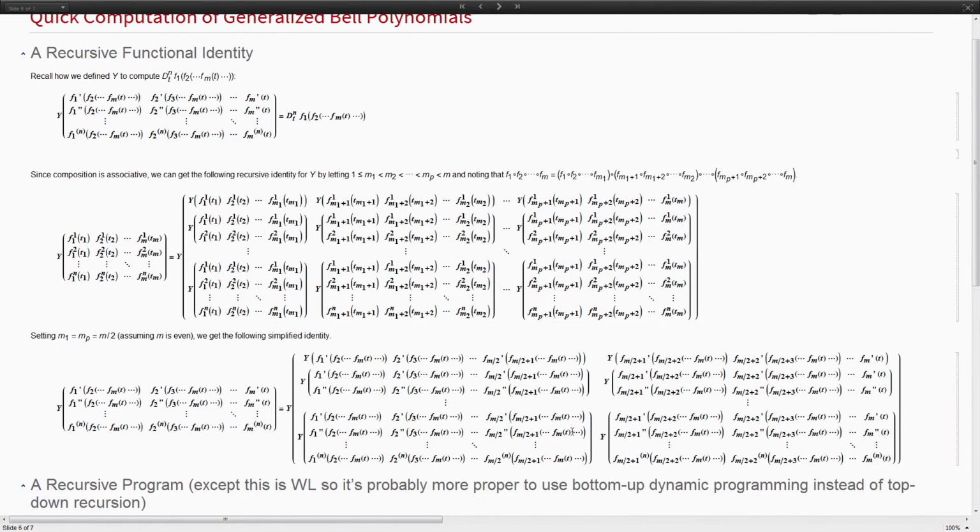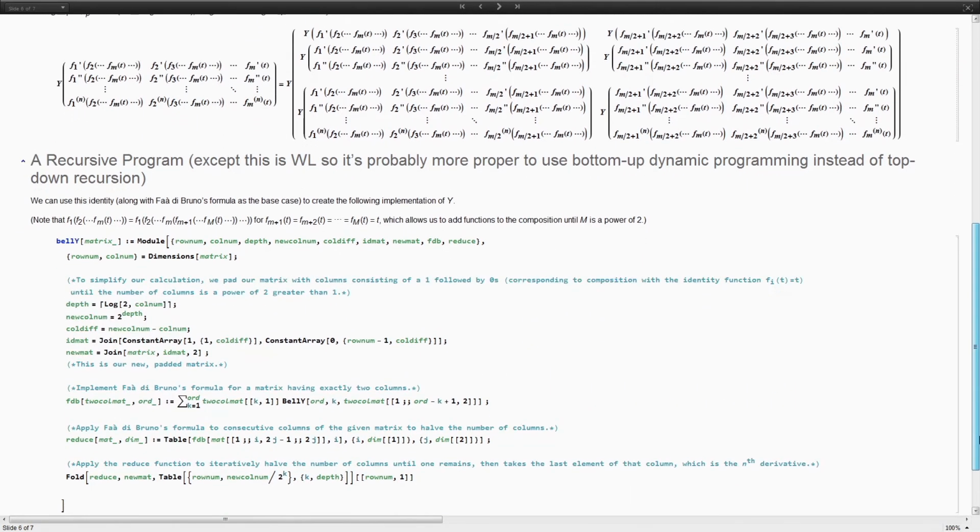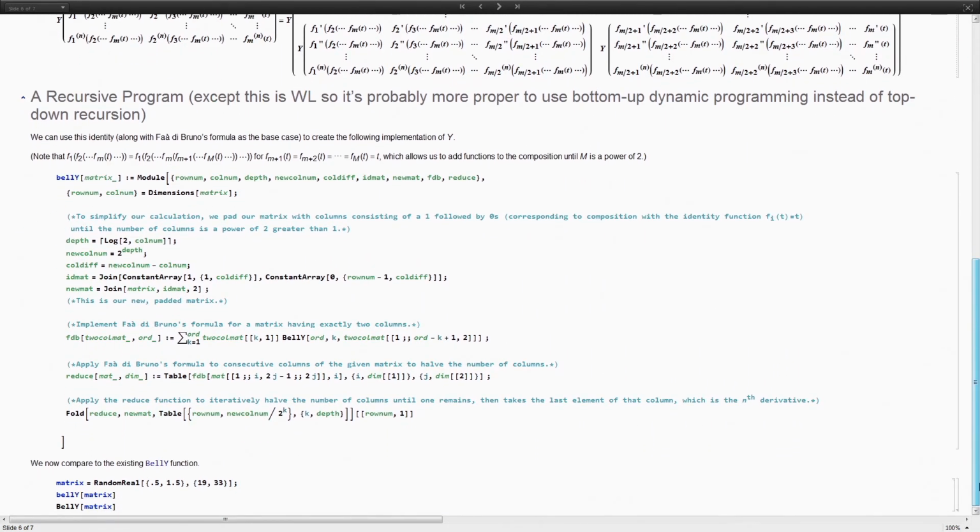Basically we can pad the matrix with columns that represent the identity function, since if you compose with the identity function, you're not changing anything, until we get m as a power of 2.